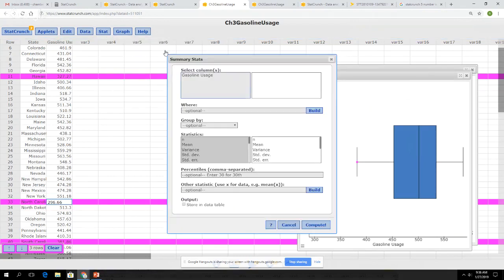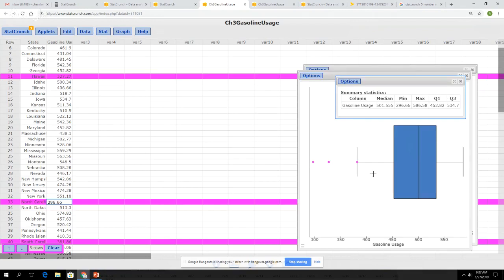I can hit columns, hit gasoline usage, and it says, do you want all of it? Not really. We want median, min, max, Q1, Q3. Are those 5? That's 5. That's our 5-number summary. Boom. So there's a way to compute it explicitly.